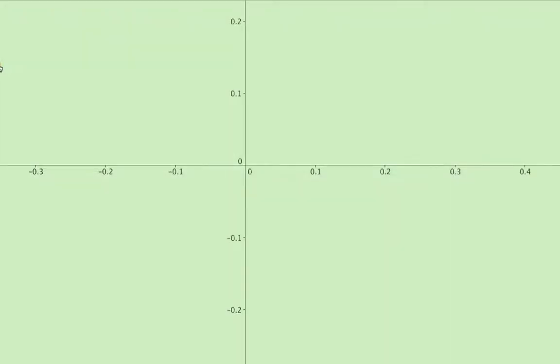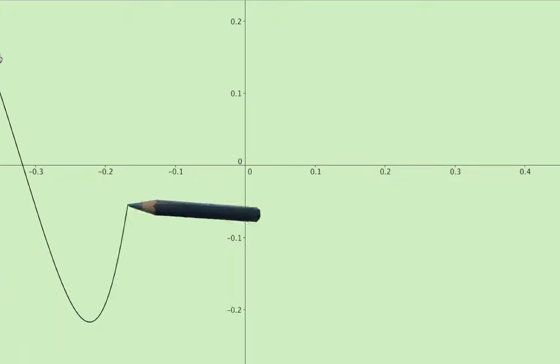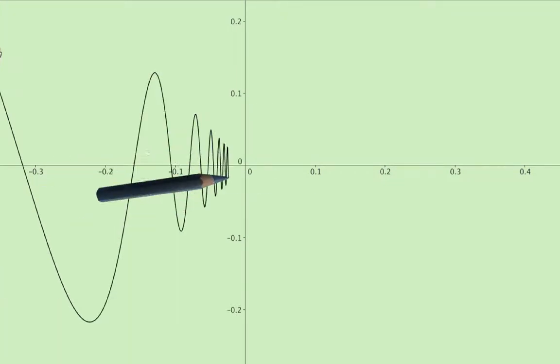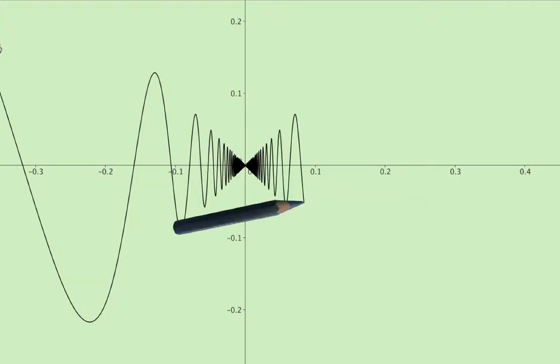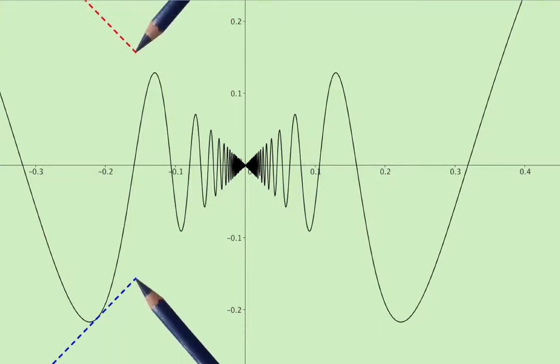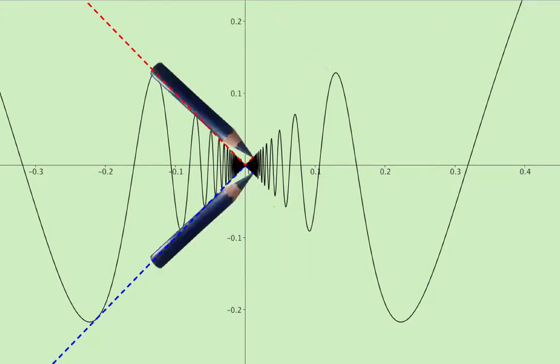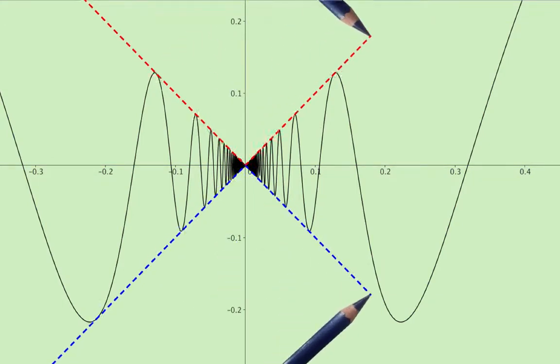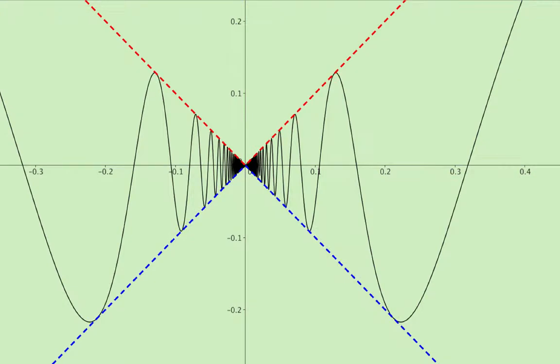So you can see that again it's a very rapidly oscillation near x equals 0, but that its magnitude keeps going down as we approach x equal to 0, and the peaks are all between these two lines over here, between the red and the blue lines.